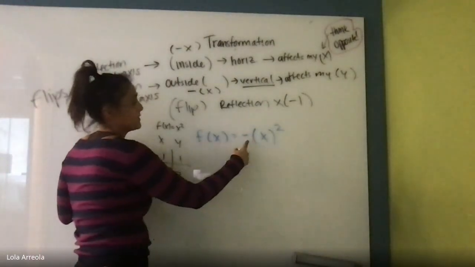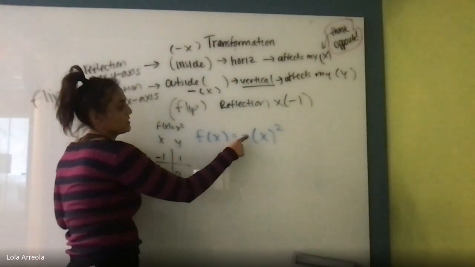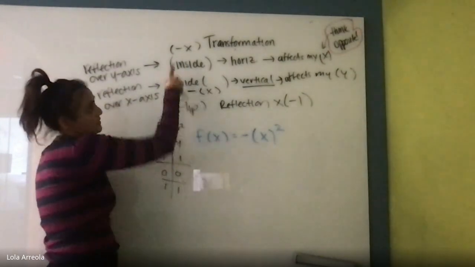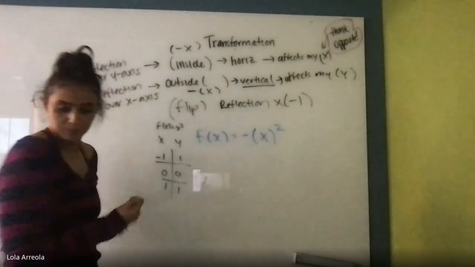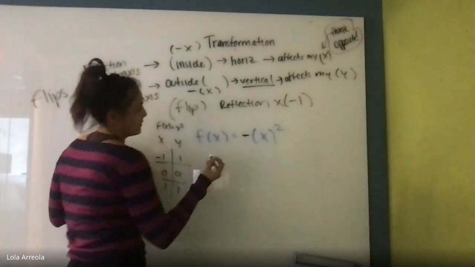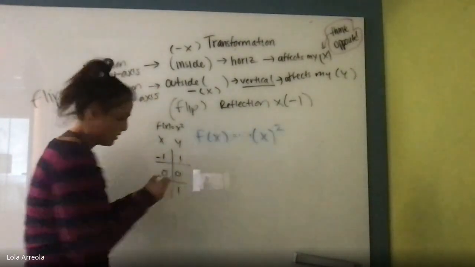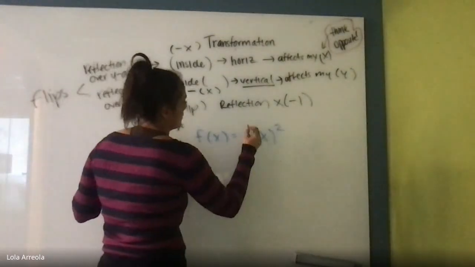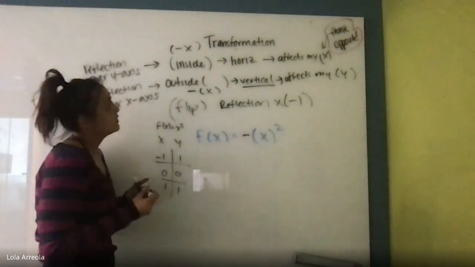Is that multiplication of a -1 happening inside or outside parentheses? It's happening outside parentheses. So the transformation is this, outside parentheses.